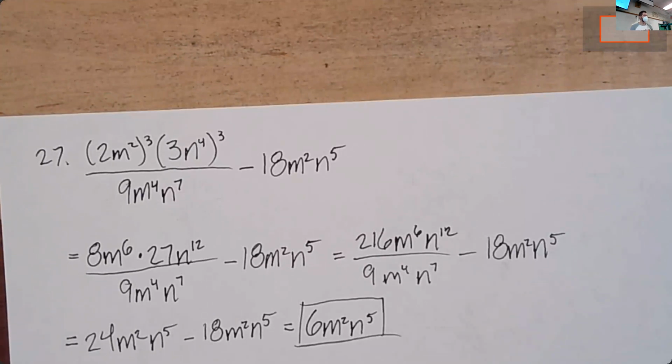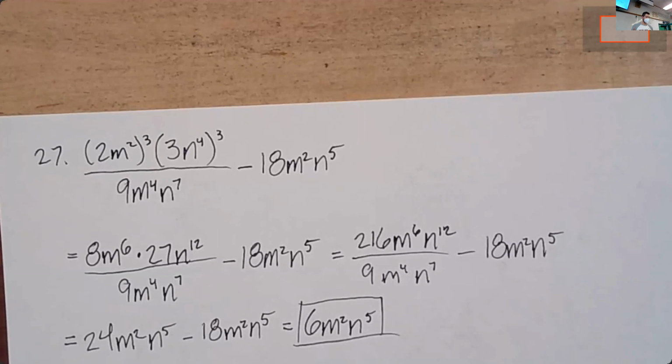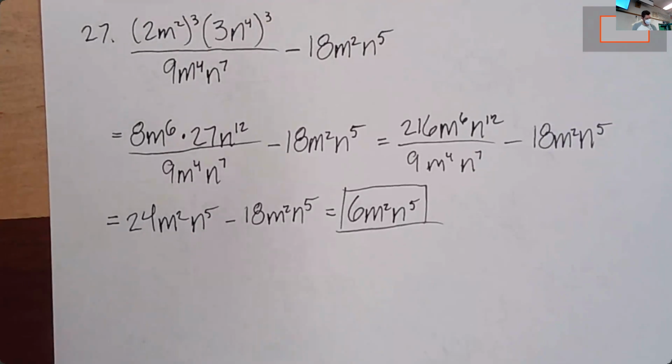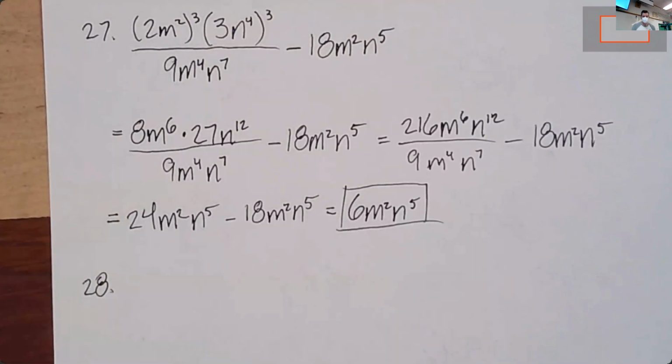So hopefully you're starting to see a pattern here. Clear out the exponents on the outside of the parentheses first, then multiply anything that's left over if there is anything to multiply, then simplify the fraction, and then last, you always deal with your like terms at the very end.